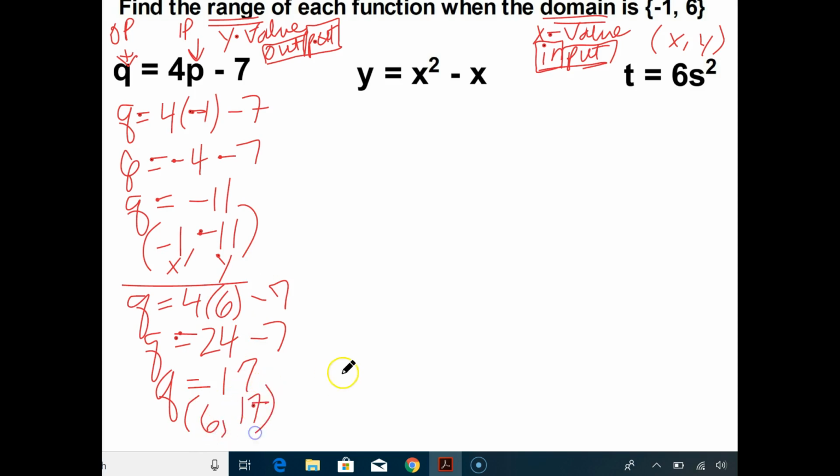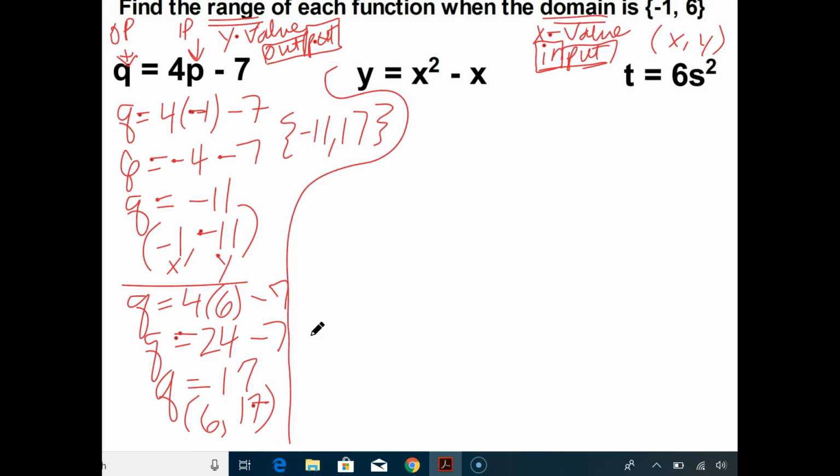This says find the range. So what would be the range? Our range would be -11, 17. That is the range. You see that? That's the range. This is my range, -11, 17.